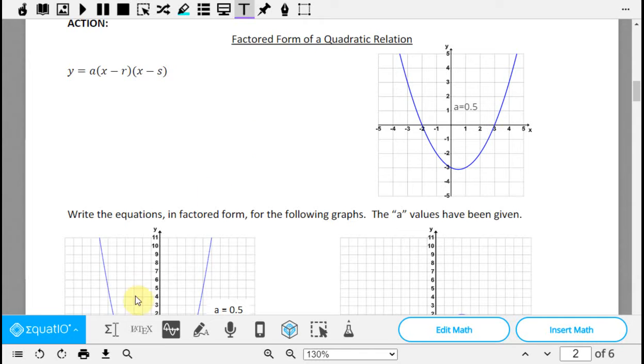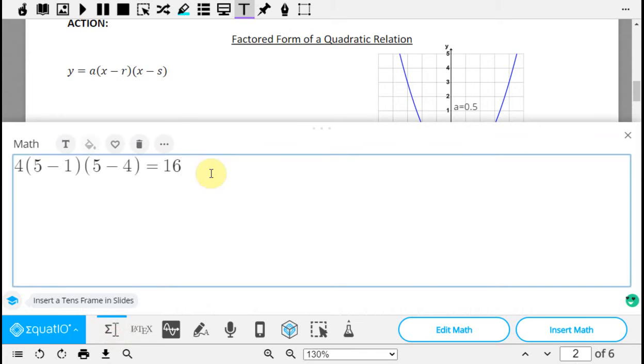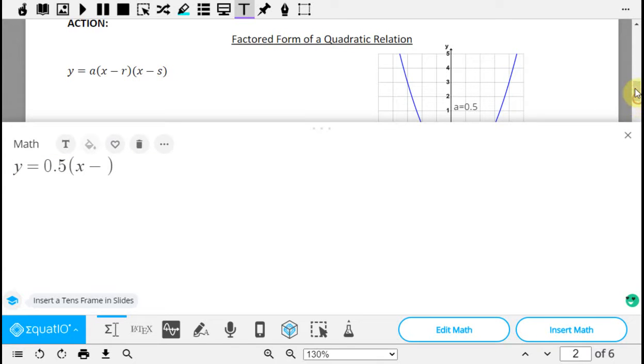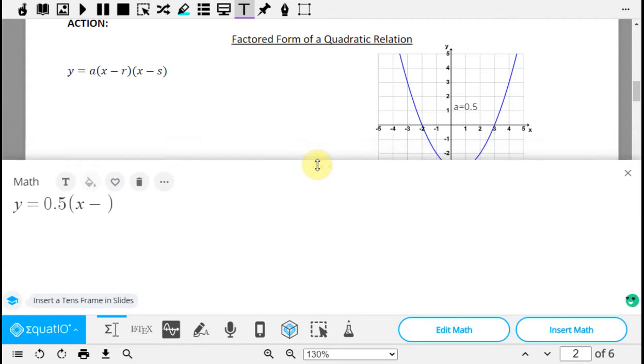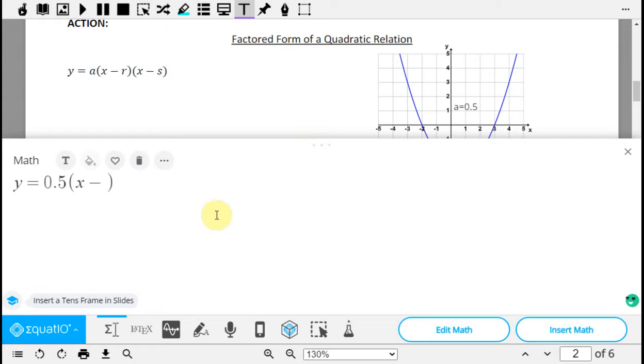So now we'll go ahead and write the equation. Going into Equatio, and looking at that form that we have, y equals a, which is 0.5, x minus, and the first 0 is -2.